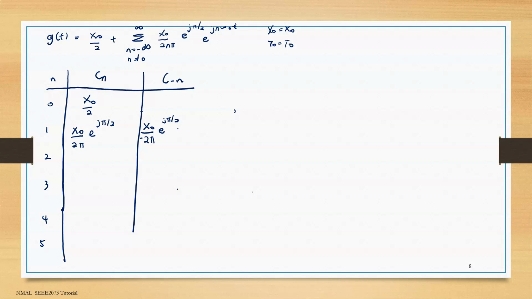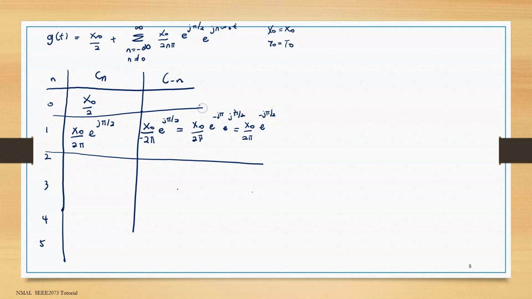So this one will become equal to x naught over 2 pi exponent negative j pi exponent j pi over 2. Okay, so exponent multiplied by exponent, you can simplify further. So this one will become x naught over 2 pi exponent negative j pi over 2. Okay, because negative pi plus pi over 2 becomes exponent negative j pi over 2. Okay, this is for n equal to 1.